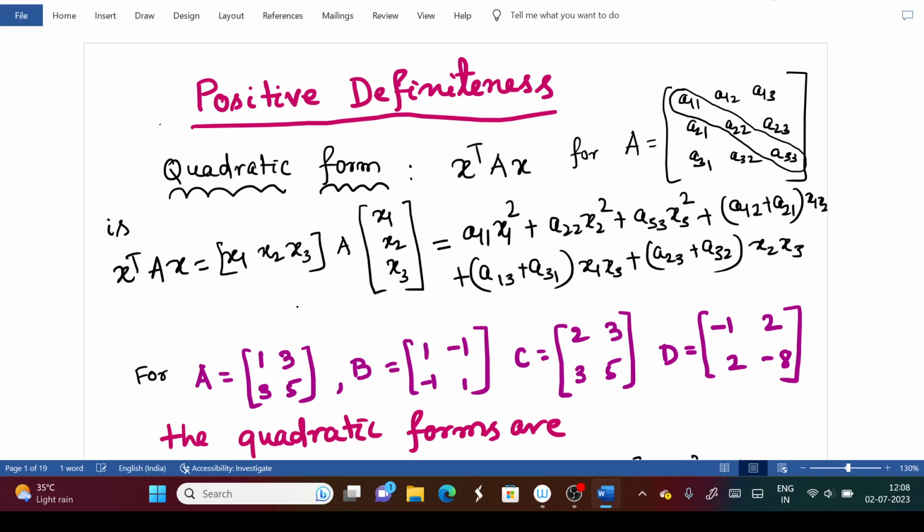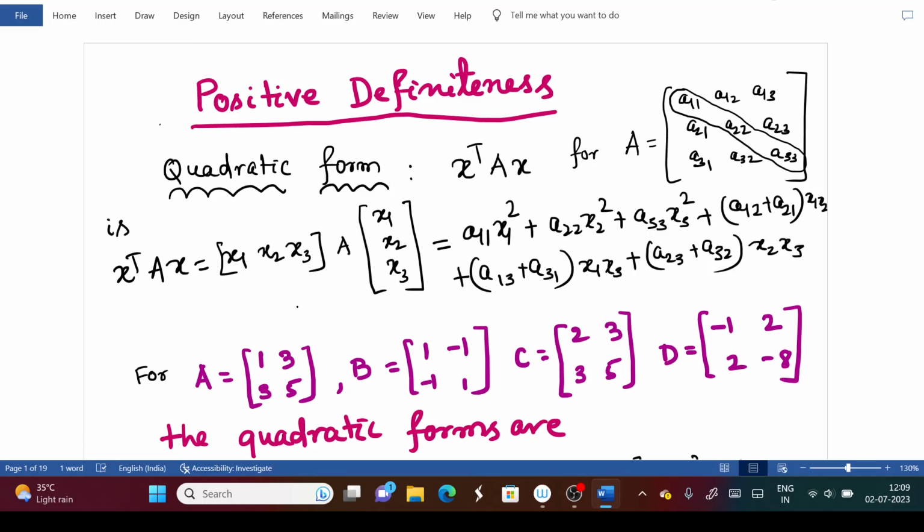That means the position gives the variables. The 1,2 and 2,1 positions have the variables x1 x2. The 1,3 and 3,1 positions have the variables x1 x3. The 2,3 and 3,2 positions have the variables x2 x3. So this is all about the quadratic form of a given matrix.